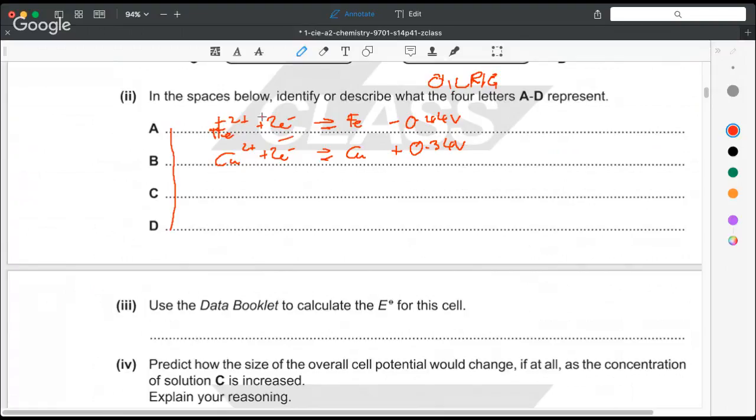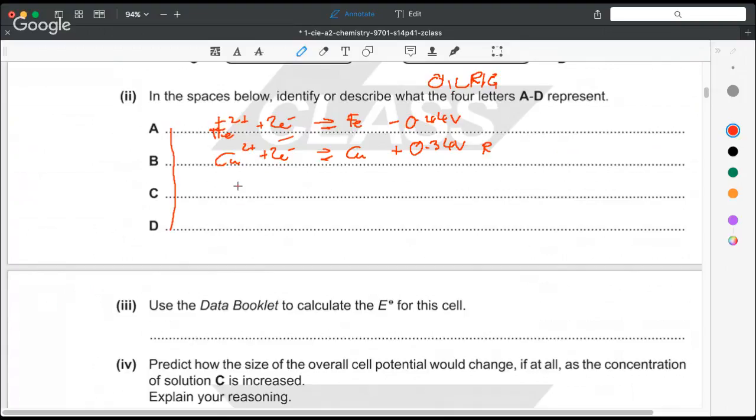So out of these two, electrons are going to be traveling to copper, and they're going to be leaving the iron, which must mean that this one is the reduction because it's gaining electrons, and we're going to have to swap this one around because that one's losing electrons.